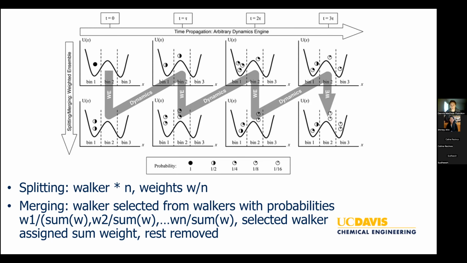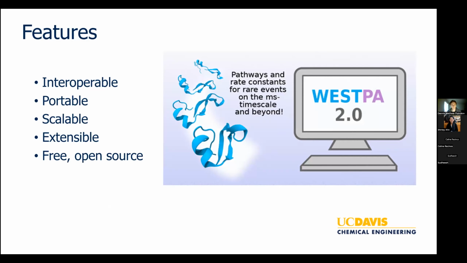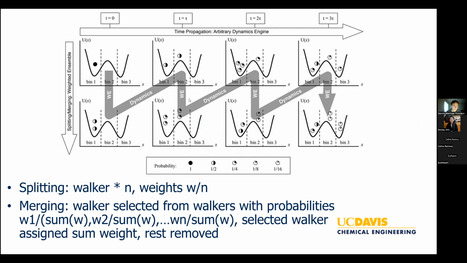All right. So WESTPA itself, like I said, is the implementation of this method. Dennis, Sudisha asked the question, what is the axis here? Free energy or potential energy, like in the previous slide? U of X. Probably, I'm not 100% sure.